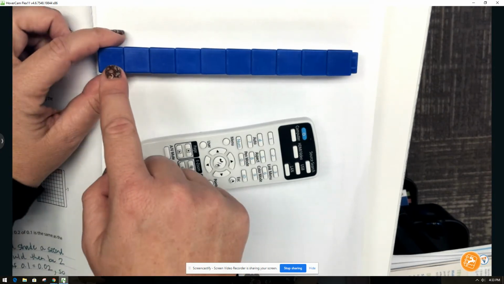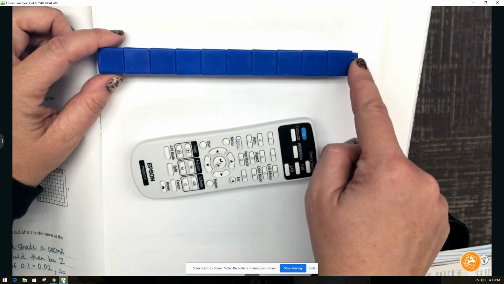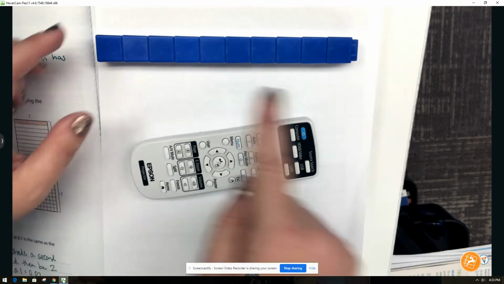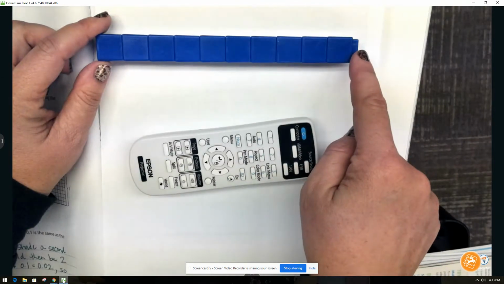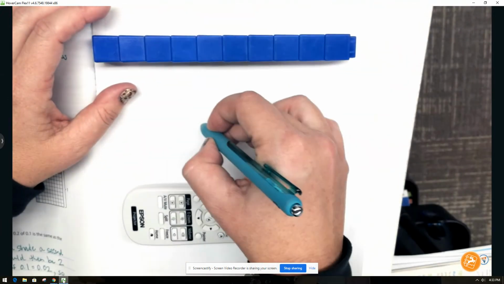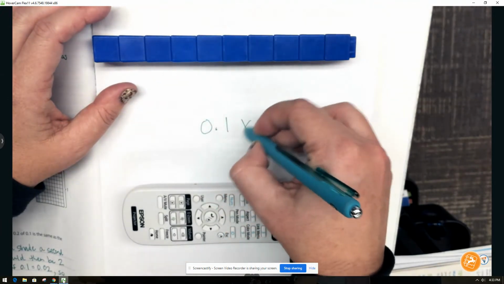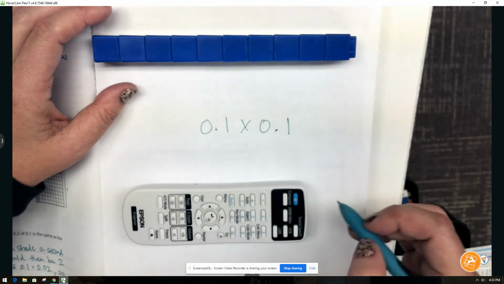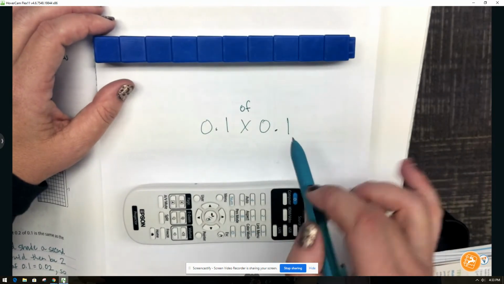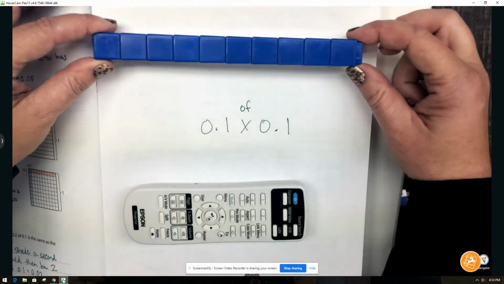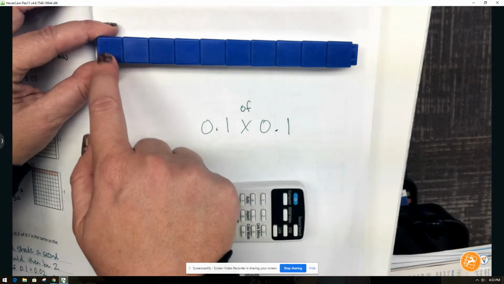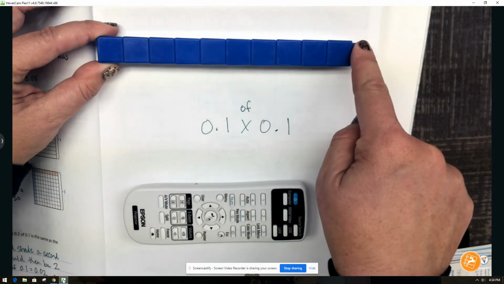Okay, so this is showing 1/10. It would take 10 of these to make a whole. Now, if I am multiplying 1/10 times 1/10, that's the same as saying what is 1/10 of 1/10. So I have 1/10, and I want to find out what is 1/10 of this whole piece.